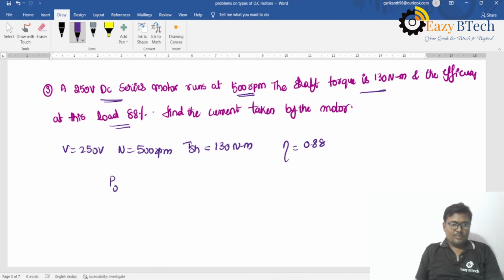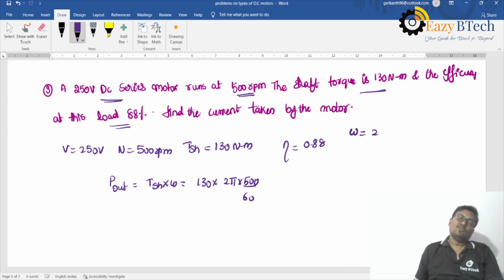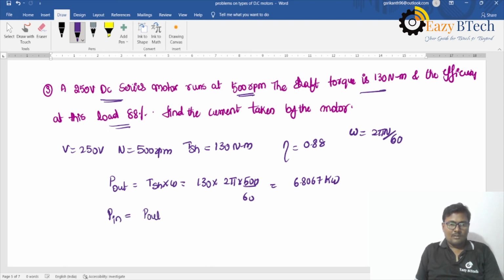So the useful power output is equal to shaft torque into omega, 130 into 2 pi N by 60, where omega is equal to 2 pi N divided by 60. Then I got it as 6.8067 kilowatts.